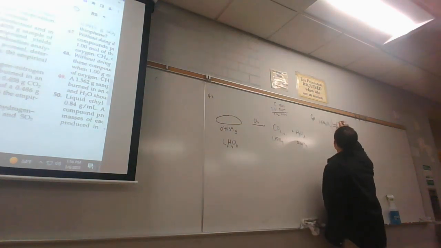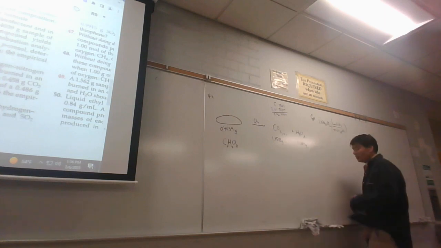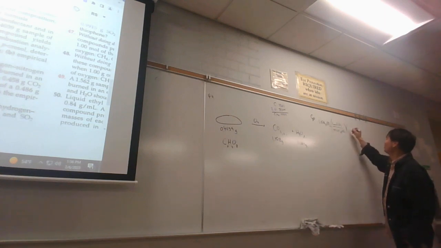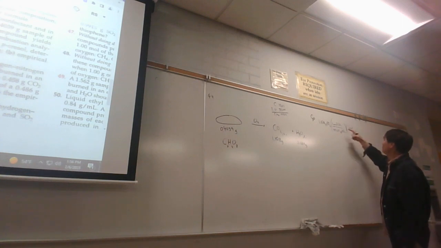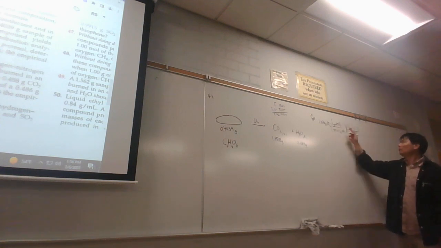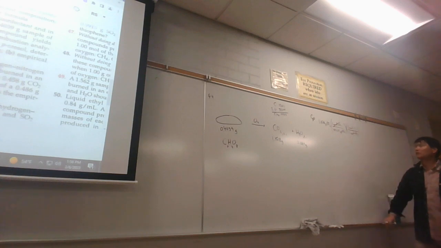And so 1 mole of CO2 weighs 44.01 grams. And so grams of CO2 cancel. That leaves me with moles of CO2. And from moles of CO2, I can go to moles of carbon. Because in 1 mole of CO2, there's 1 mole of carbon. And so the conversion here would be 1 mole of carbon for every mole of CO2 that forms.